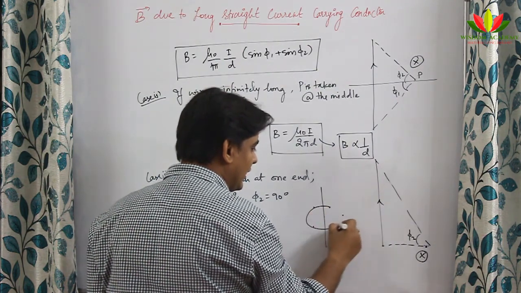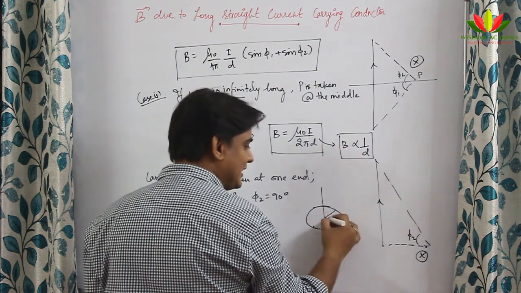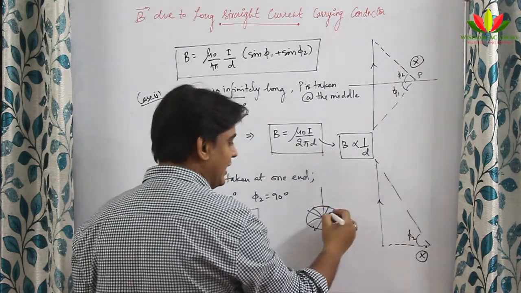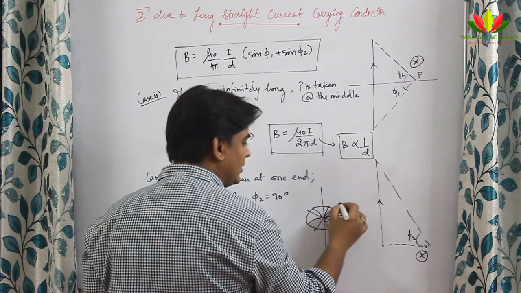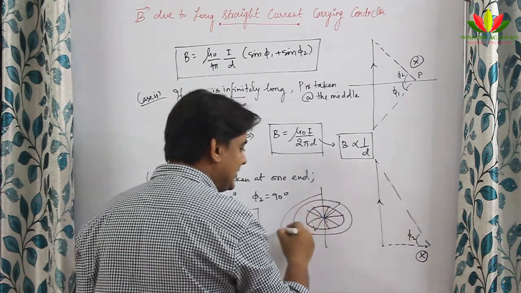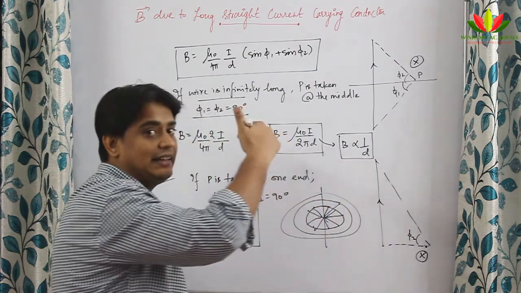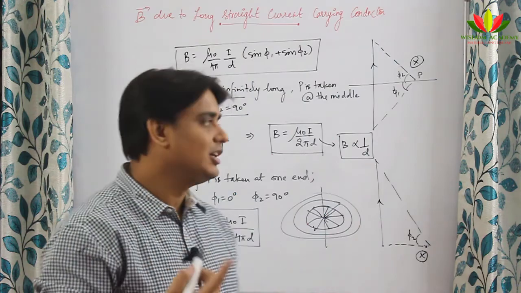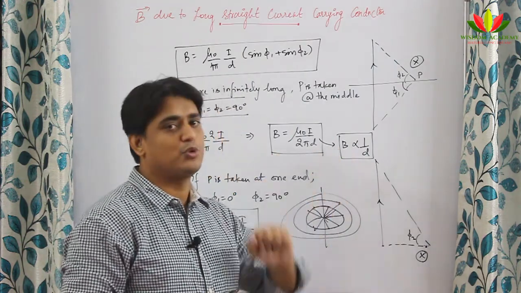I am trying to draw like this. All these points are at distance d, so all these points will have the same magnetic field. Again, if I take a different d, all the points at that distance will have the same magnetic field. That is the reason for a straight current carrying conductor, we say that magnetic field lines are concentric circles, because B is inversely proportional to d.